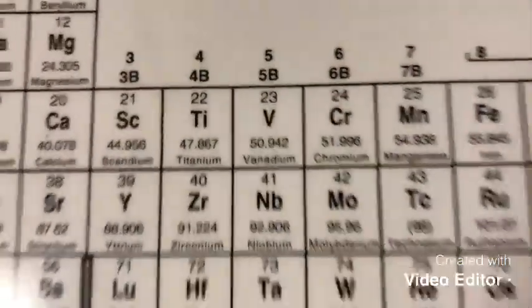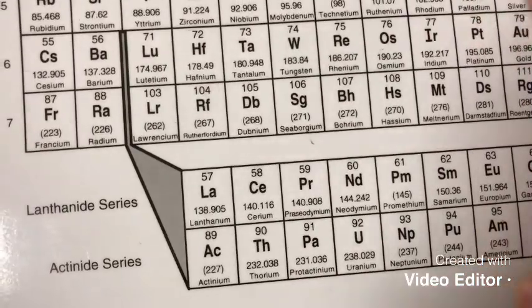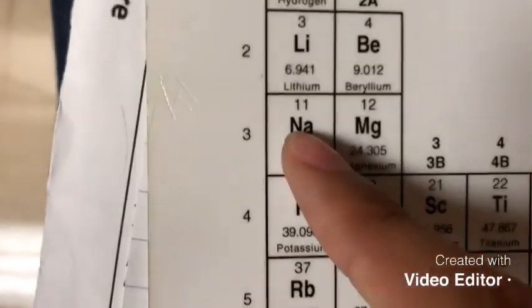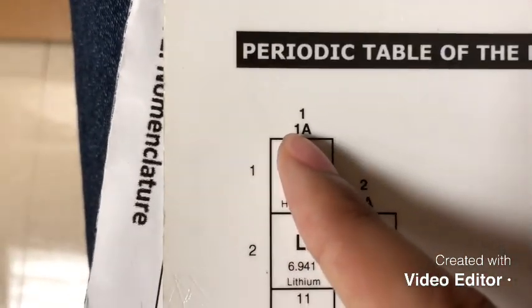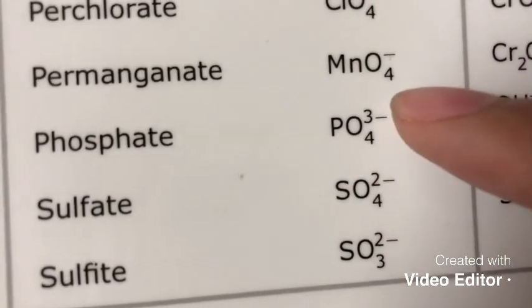If you look at the periodic table, we can see that sodium is right here with a valence electron of 1, while phosphate is PO4 -3. Now, those are the charges.